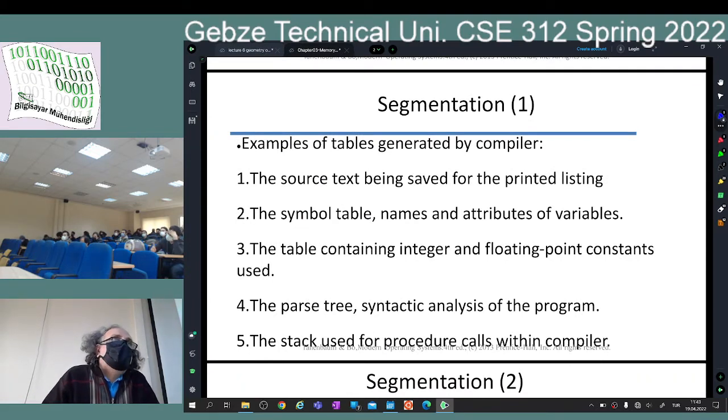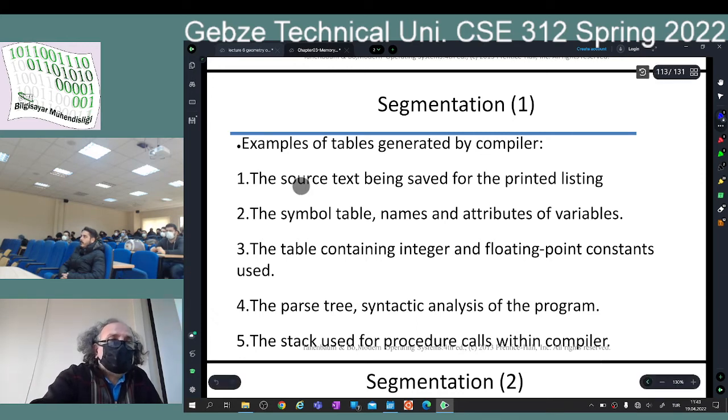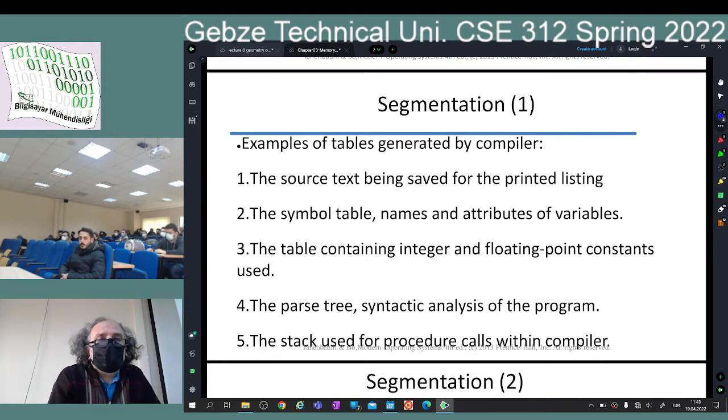And I think the book gives this example. Let's say I am developing a compiler. For the compiler to work, I need to keep the source text, the program that I am compiling, in some segment. My symbol table, my variables, their names and attributes, I am going to keep in another segment.